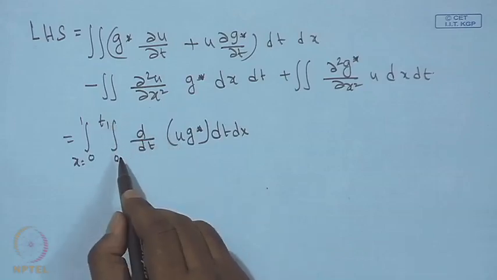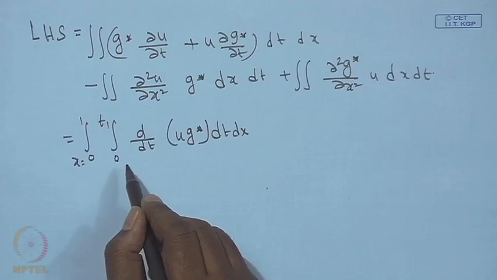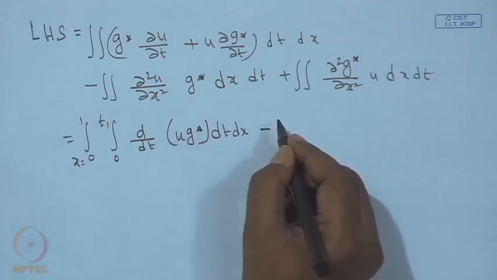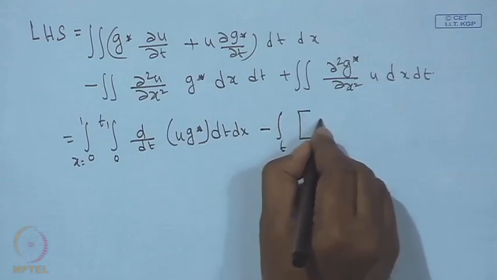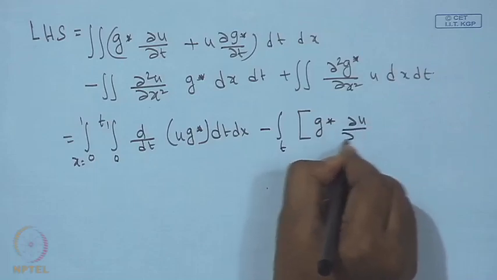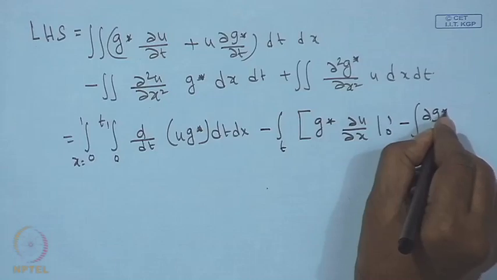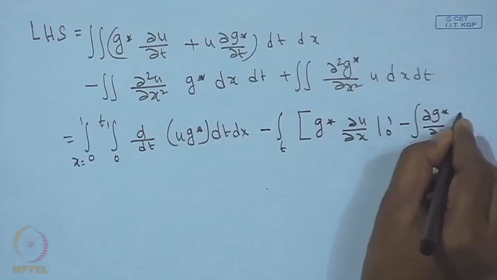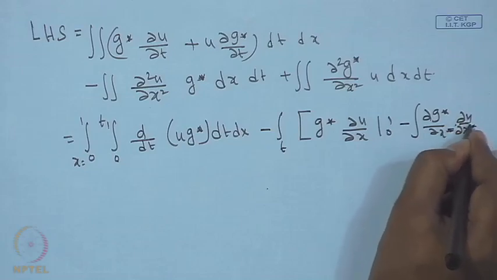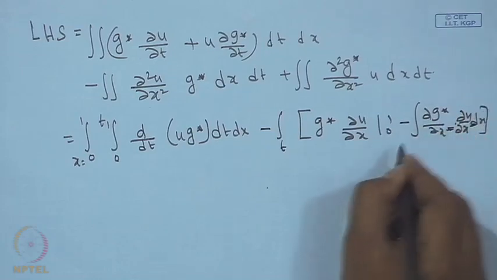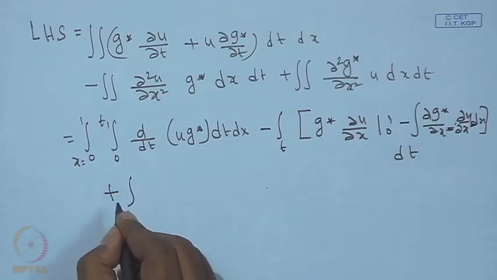Therefore, we have to put the limit from 0 to t1, because g star is not equal to 0 within that domain, it exists there, minus, over t, by integration by parts, first function times the integral of the second one from 0 to 1, minus del g star by del x times del u by del x, then dx times dt, plus we have integration over time.